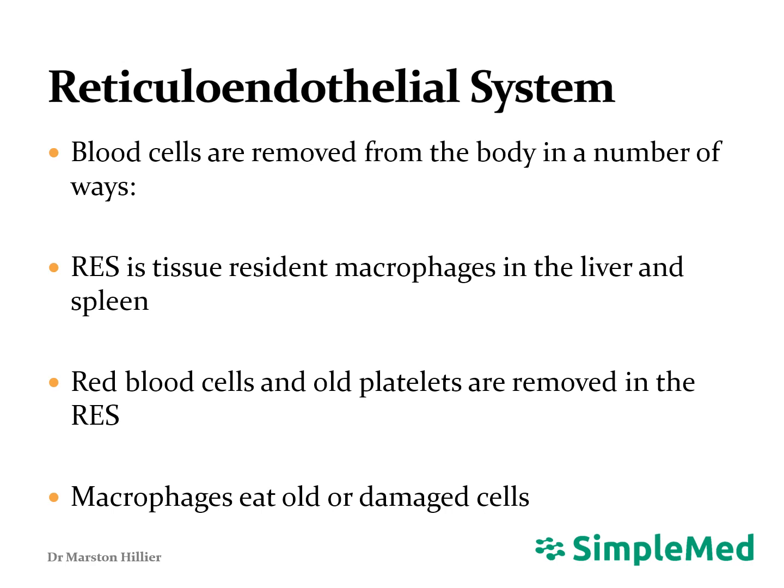These macrophages recognise old and damaged cells and phagocytose them. These macrophages also have an important role in filtering the blood of harmful bacteria and viruses. They are particularly found in the spleen, which we'll talk about next.